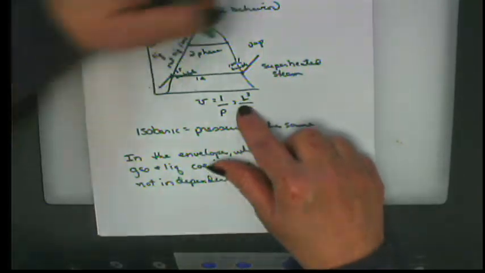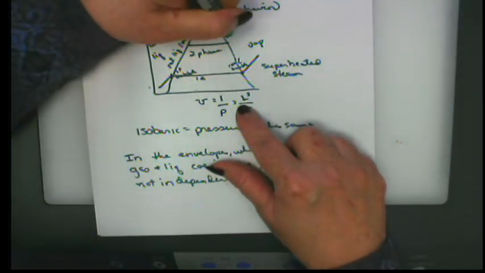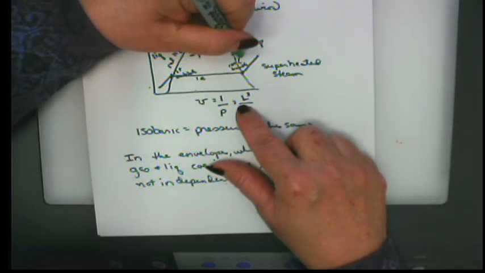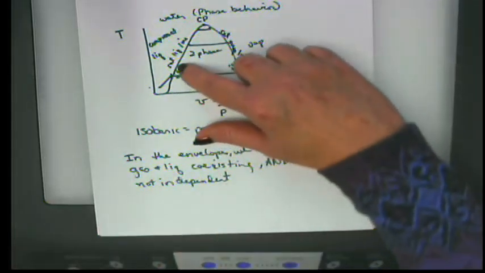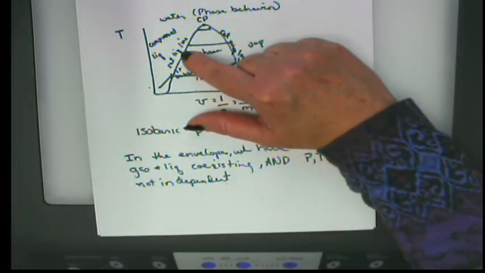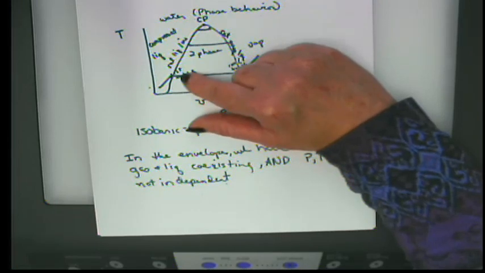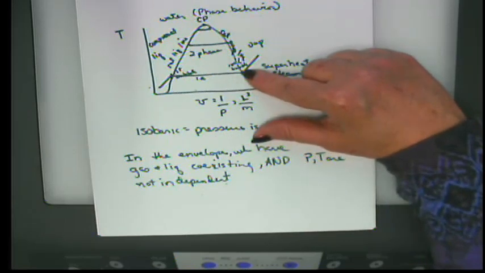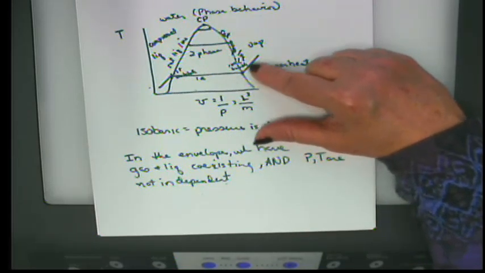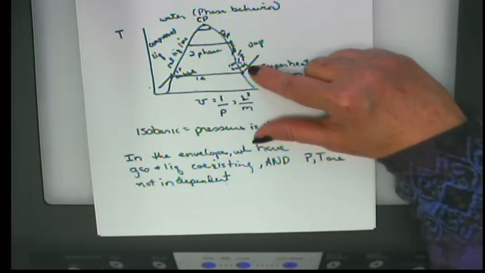So over here, this is called the saturated vapor line, and they meet at the critical point. Now, there are other colloquial terms. Sometimes the saturated liquid line is referred to as the bubble point, and the saturated vapor line is referred to as the dew point. And dew point is also a term that they use in weather.